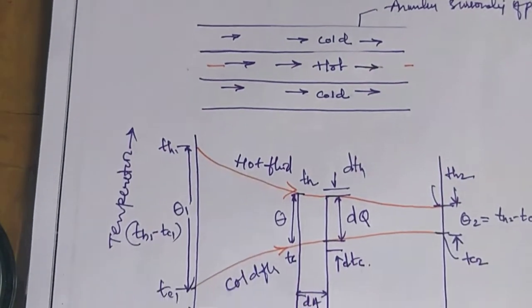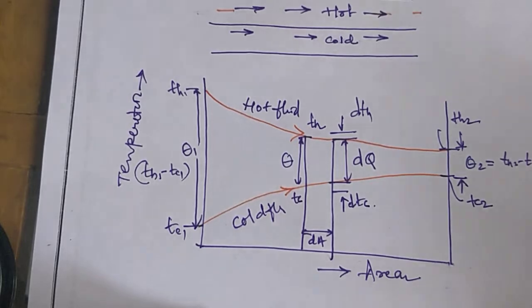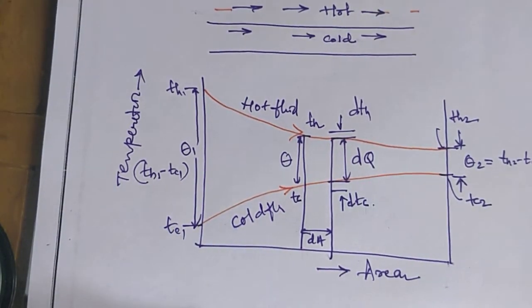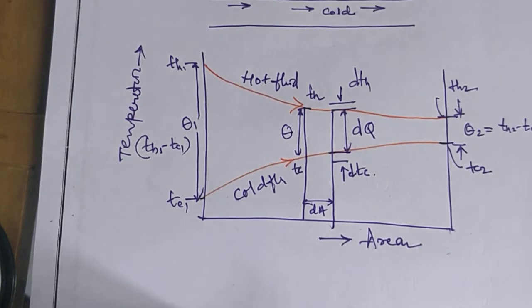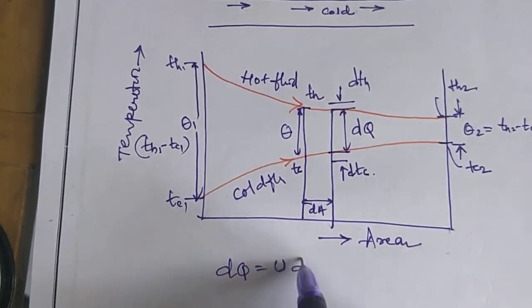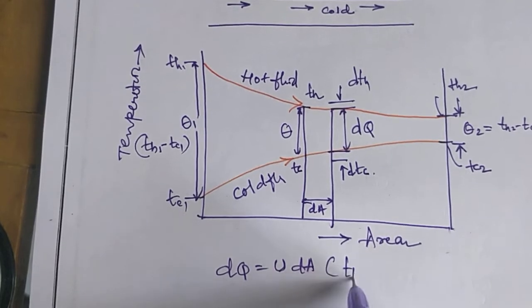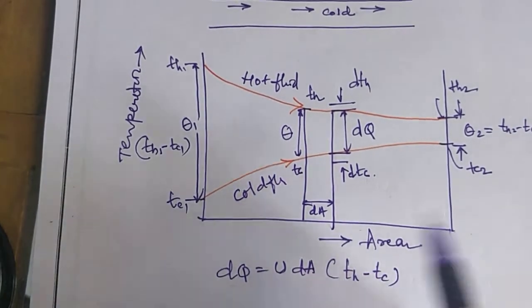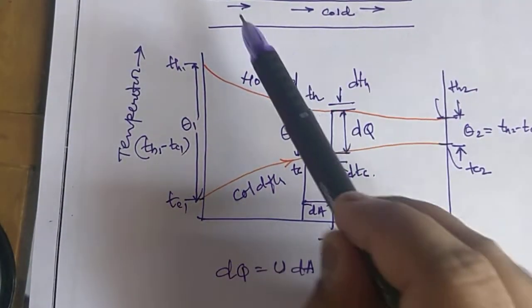This is how we can analyze it. Let us consider an elementary area dA of the heat exchanger, and the rate of heat flow through this elementary area is given by dQ is equal to U dA (TH minus TC), for the whole flow arrangement.